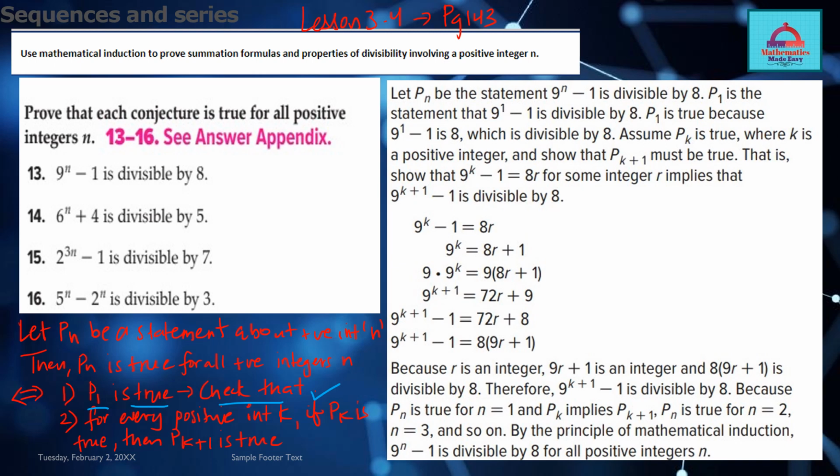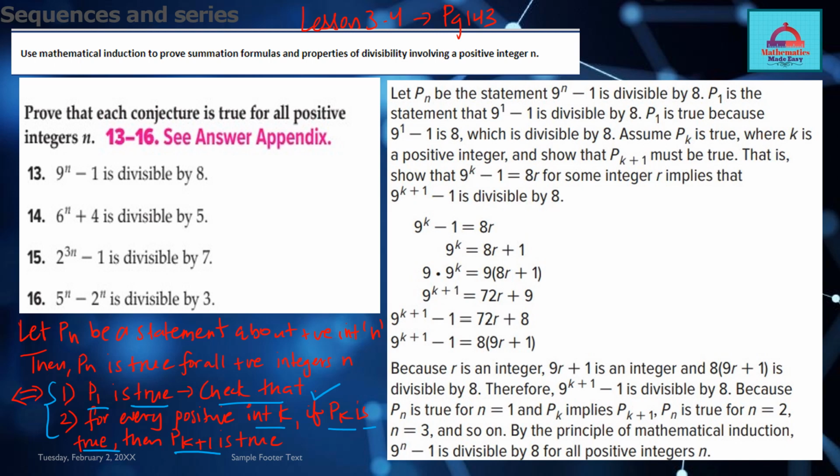That is the inductive hypothesis that you take, that for every positive integer k, Pk is true. You make that assumption, and then you show that it works for the next case. Next means just after Pk, that is Pk plus 1. That's the inductive step. So these steps are going to be followed for solving the questions.